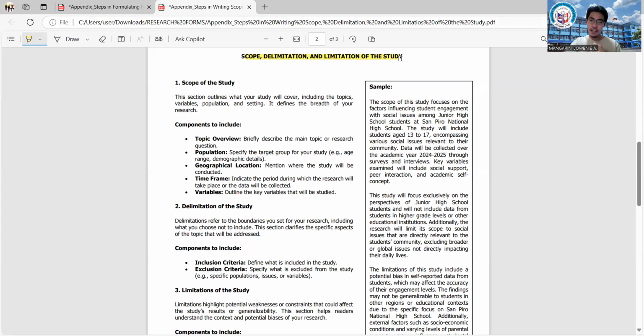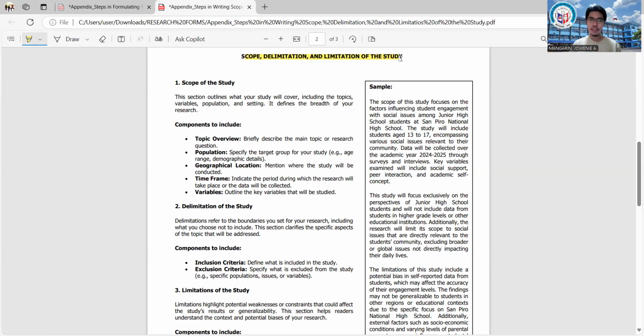Before we discuss it one by one, allow me first to give you some important keynotes na kailangan nating tandaan sa paggagawa ng scope, delimitation, and limitation of the study. Technically, itong part ng paper na to minsan ang nagiging saving glory ng mga researchers during their defense.